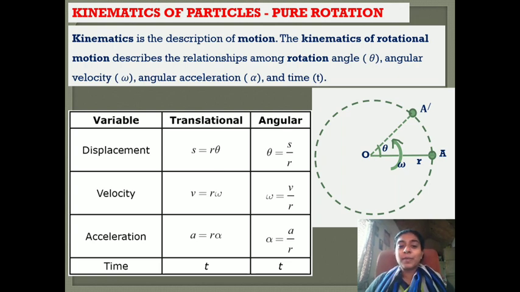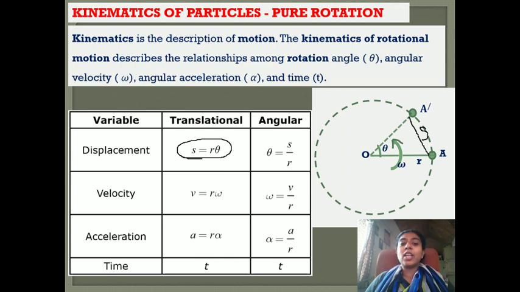So for displacement, the relationship is S is equal to R into theta. When the particle is moving from A to A dash, this is the displacement S. So S will be equal to R, that is the radius, into the angular displacement theta.